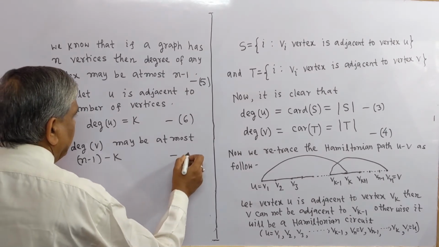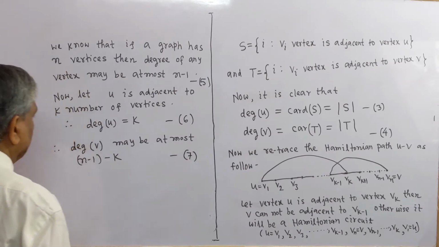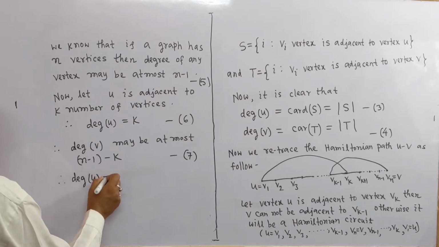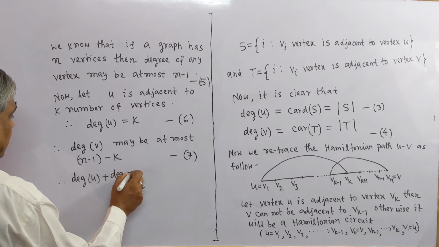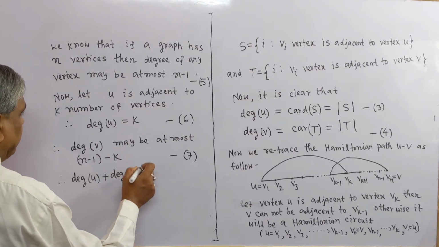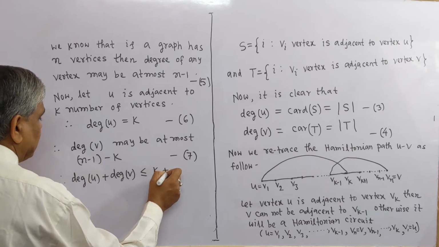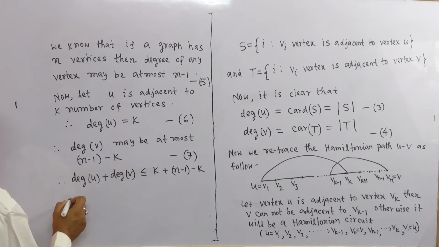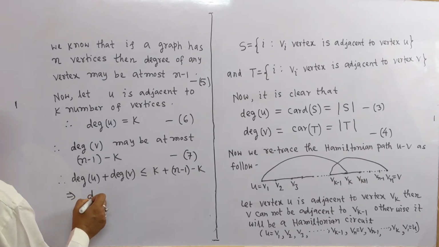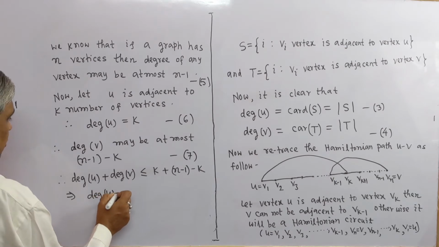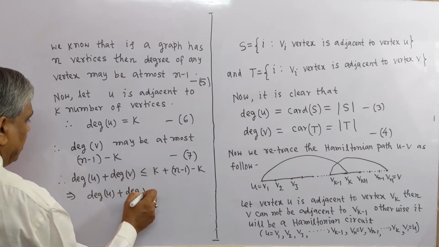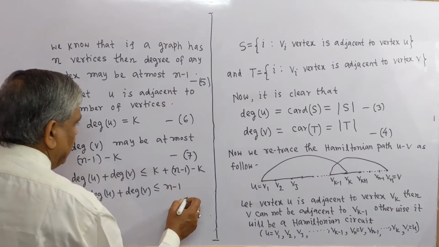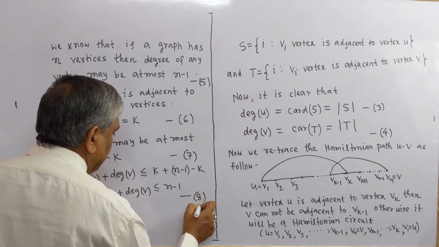This is number 7. Therefore, degree of U plus degree of V is less than or equal to k plus n minus 1 minus k. This implies that degree of U plus degree of V is less than or equal to n minus 1. This is number 8.